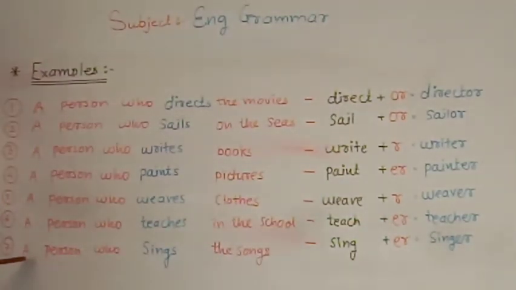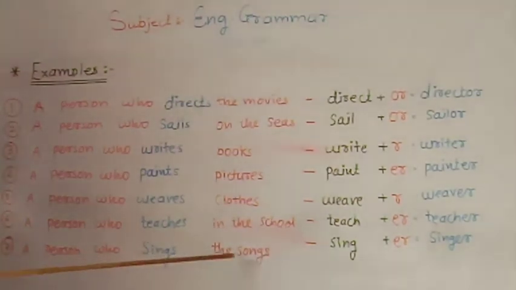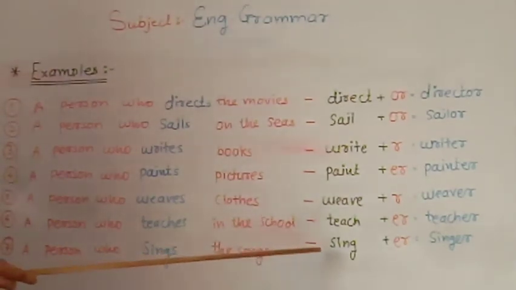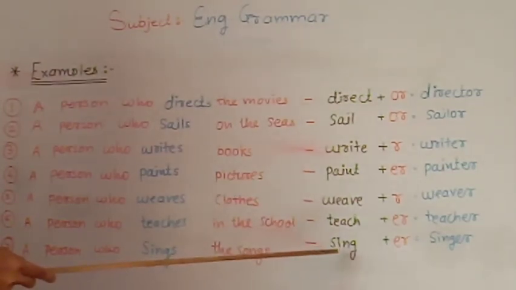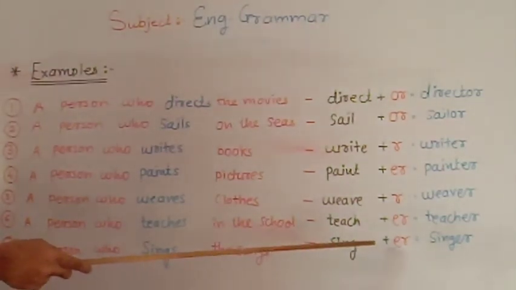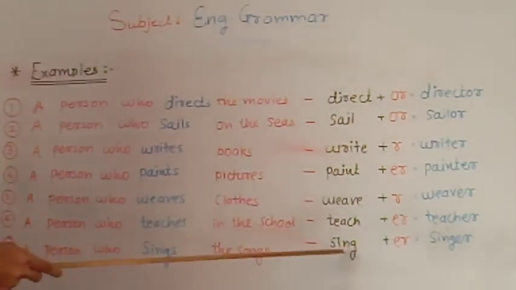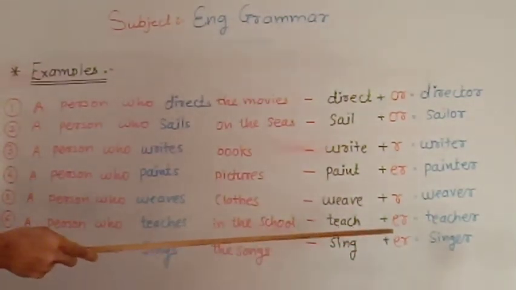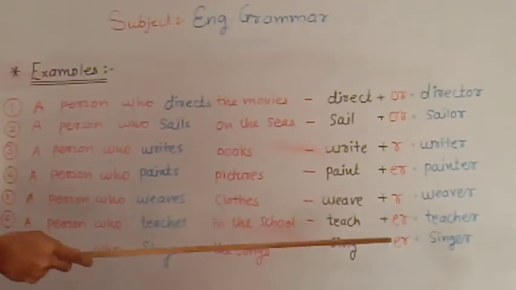Next and last example about this, a person who sings the songs. In this sentence, sing is a verb, that means an action word. When we added er to the verb sing, it becomes singer, one of the noun.